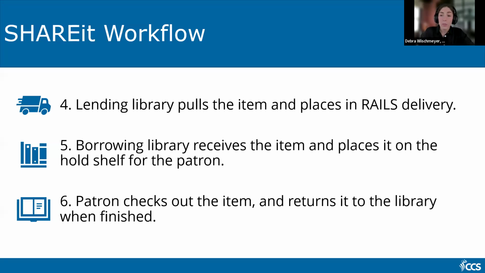At that point, the borrowing library will receive the item in ShareIt, and then they'll place it on the hold shelf for their patron. The patron will be notified that they have a request that's ready to pick up. They'll come into the library, check out the item, and then return it to the library when they're finished.